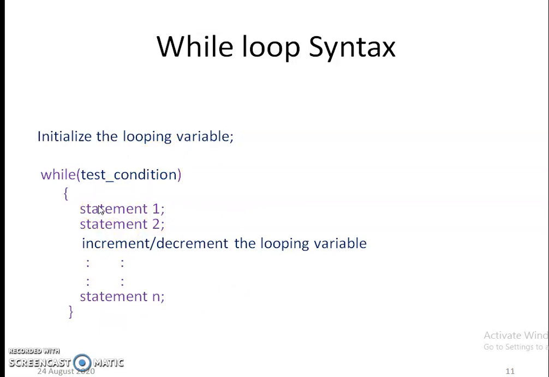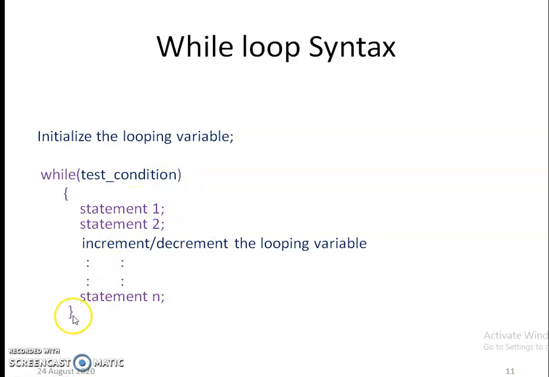So how is it going to execute? Outside, we initialize our variable. Here, while is a keyword. We check the condition. If the condition is true, we are going to execute this block of statements.